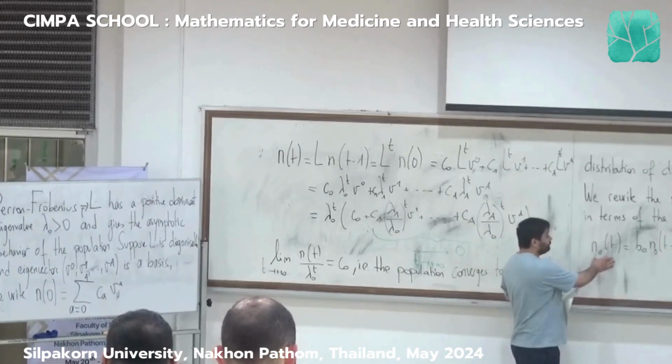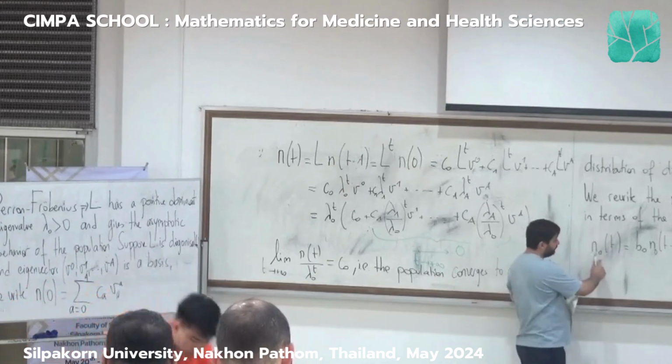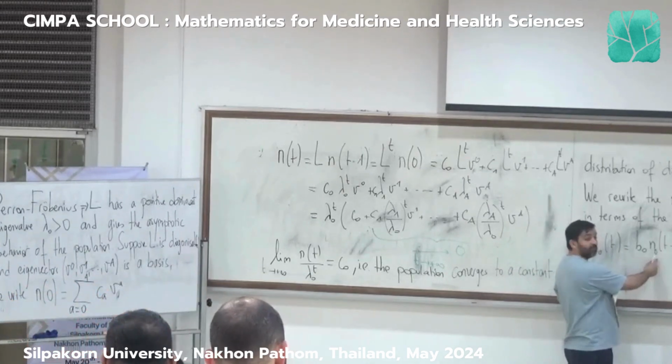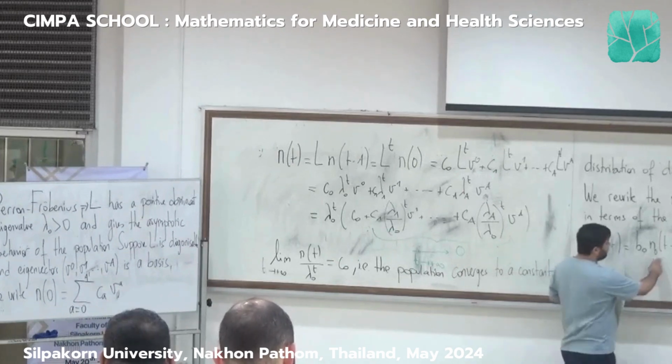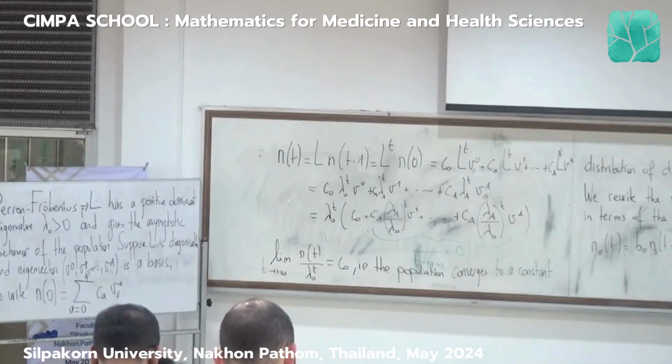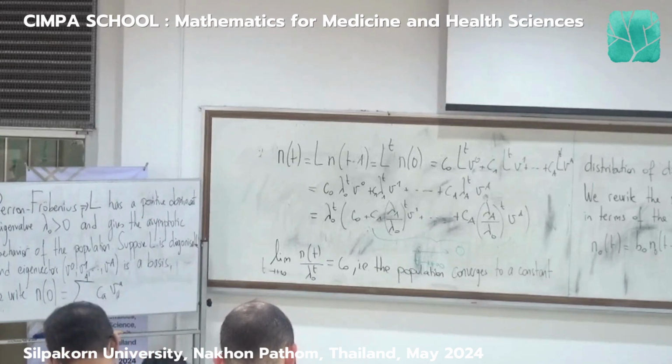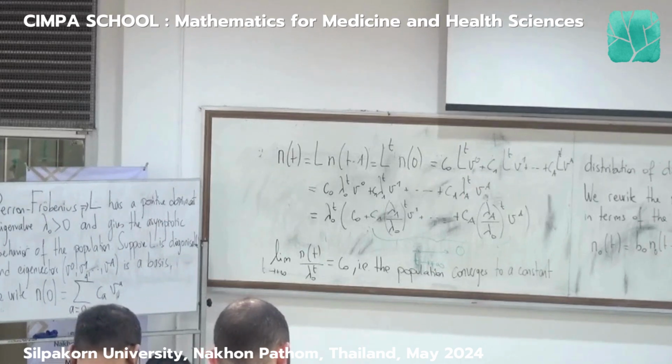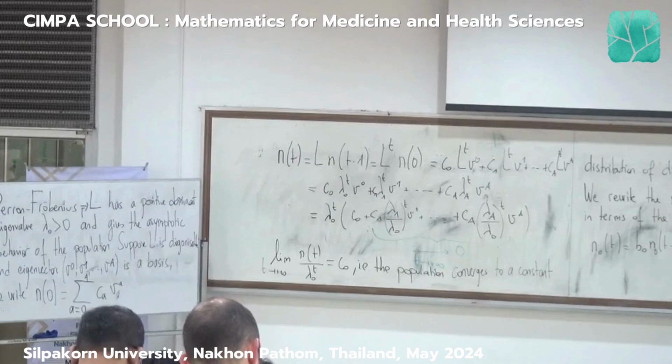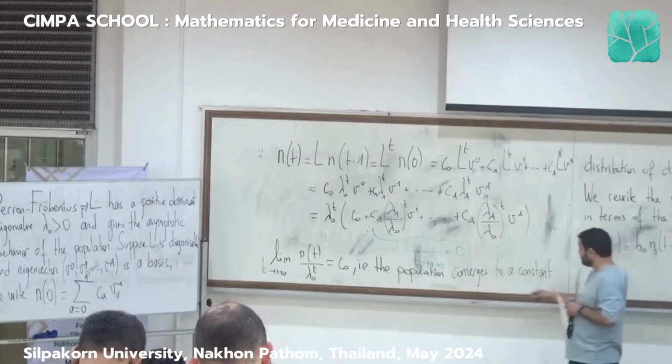So I get N0 as a function of N0. Here I already have N0. That's not complicated. The people of age 1 are the newborn who survive, so just like this.